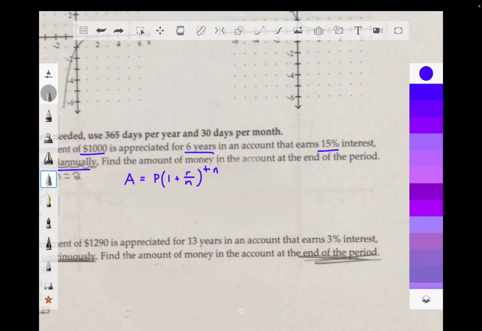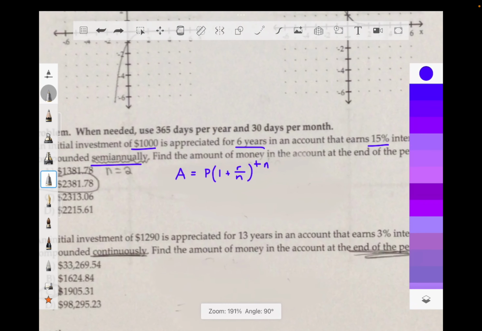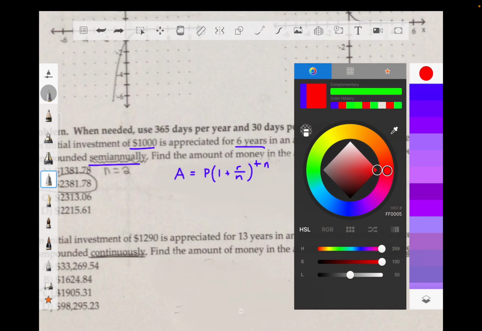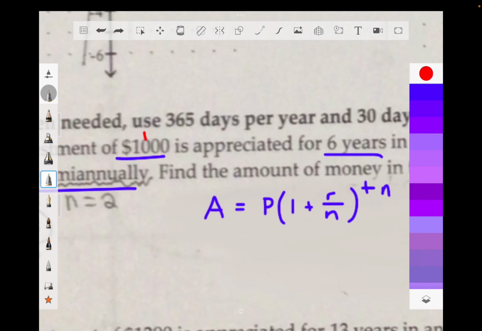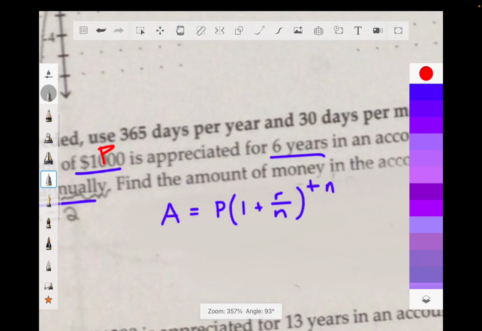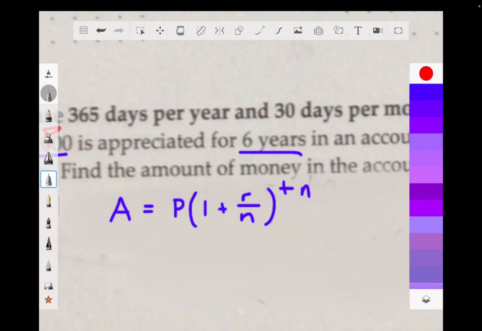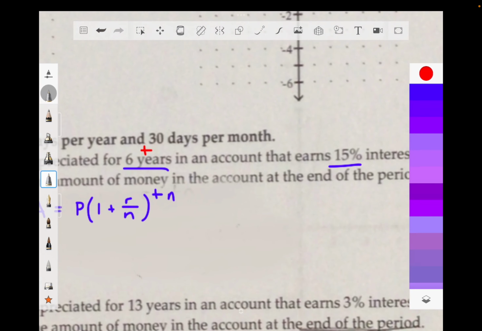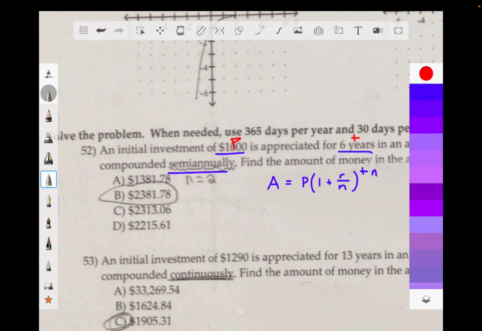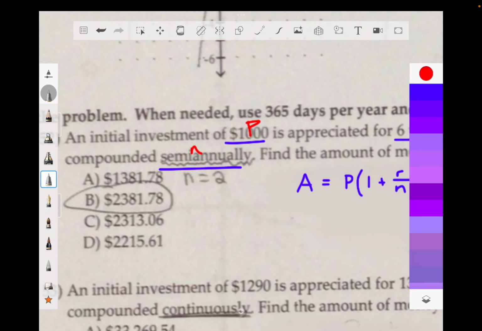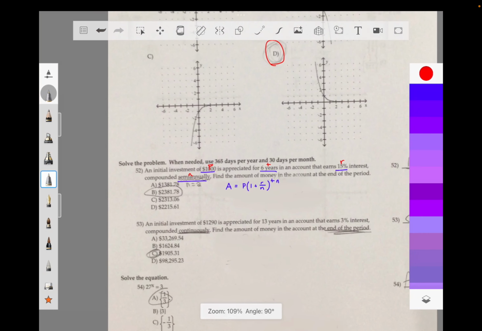Find the amount of money in the account at the end of the period. So this is our P. This is our T. This is our R. This is our N. And I believe that's all we need.